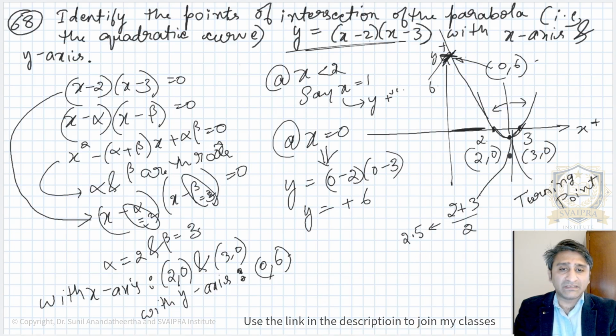So the turning point is 2.5 comma something, and I don't really know what that y value is.